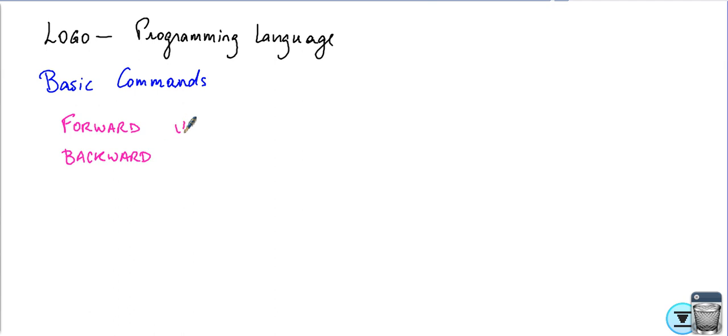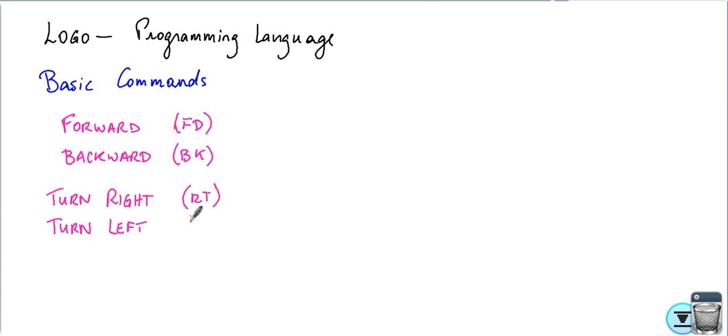In short, we write them as FD and BK. The turtle knows how to turn to the right and how to turn to the left. And we write these as RT and LT in short.